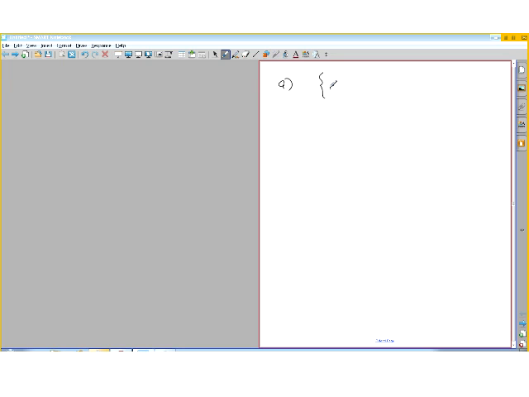So counting numbers are 1, 2, 3, 4, 5, and less than or equal to 6 includes 6. Now all counting numbers would continue on to positive infinity, with dot, dot, dot here. But in this case, we stop.